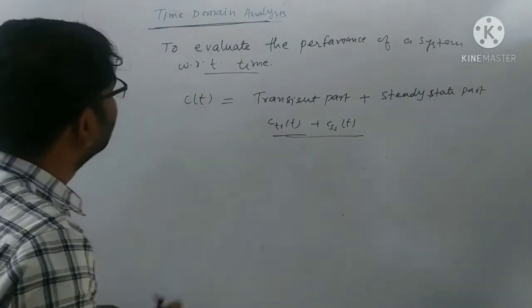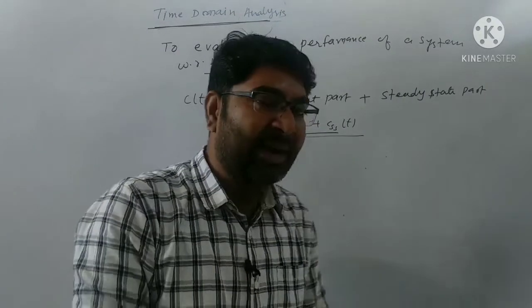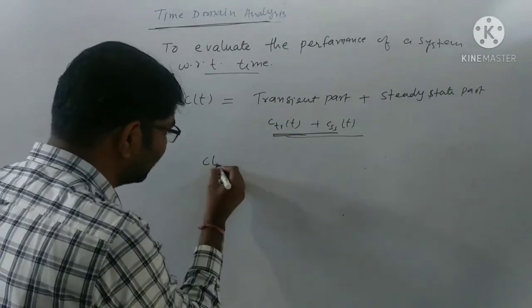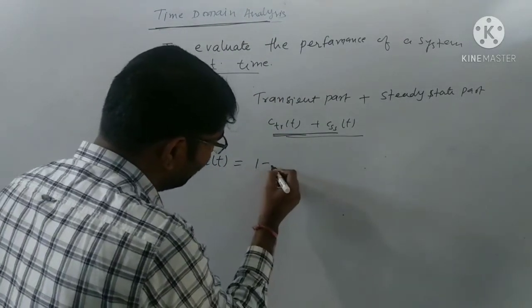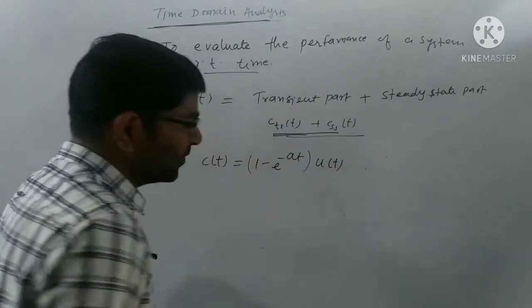Now, how can we identify the transient part and the steady state part for a given response? Let us consider one example: 1 minus e raised to power minus t, u(t). It is my response.